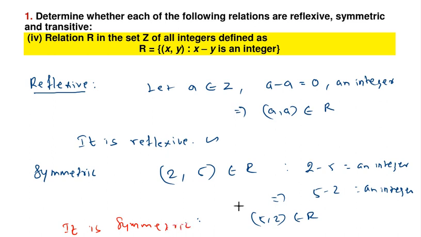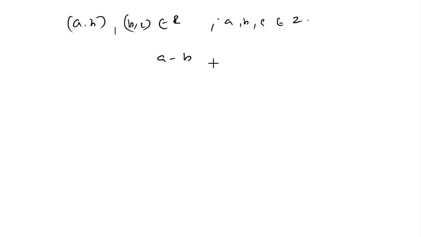In the same way, we can discuss whether the relation is transitive or not. For transitive, we take two ordered pairs, a comma b and b comma c, belonging to R. Here a, b, c are integers, so a minus b is an integer and b minus c is another integer.